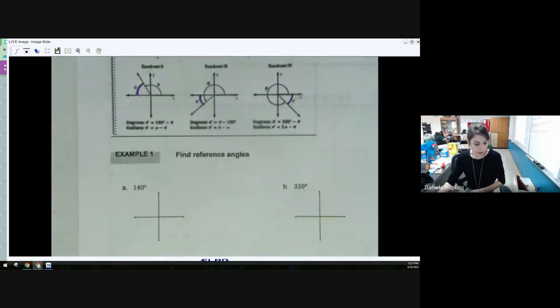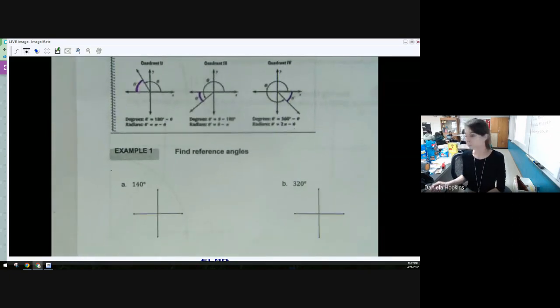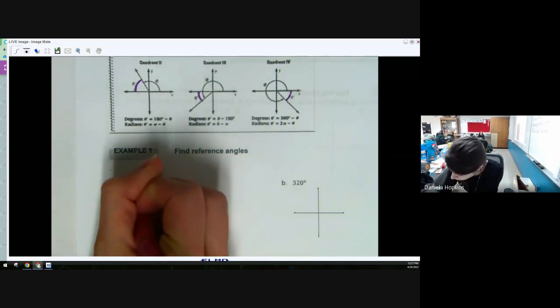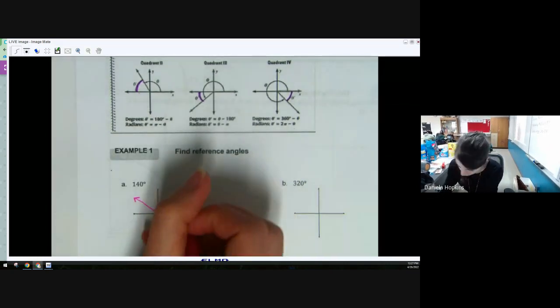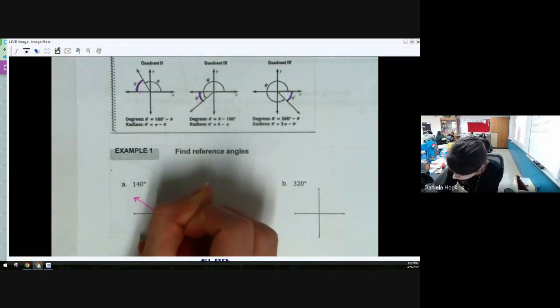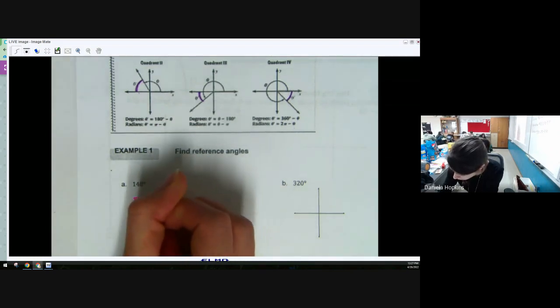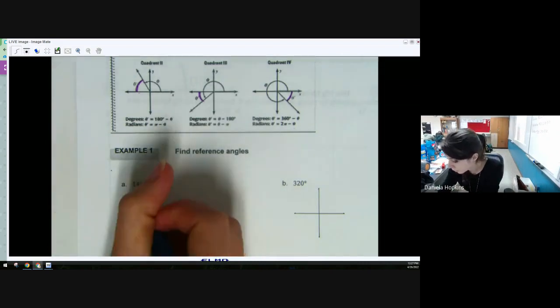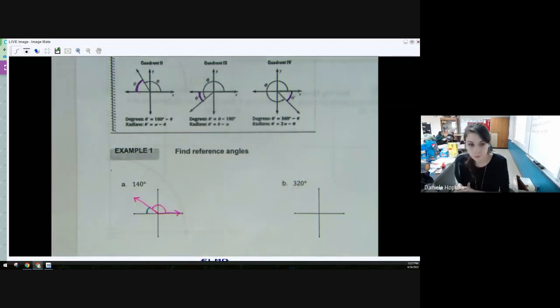So let's look at example 1a. We're going to find the reference angles here. For 140 degrees, if we were to draw 140 degrees, you can just eyeball it, or use a protractor if you want, but it's about like that. So we have this initial side, that's our terminal side, we rotate like that. Then my actual reference angle is this little bit right here.